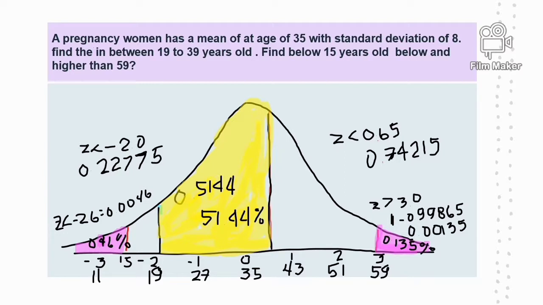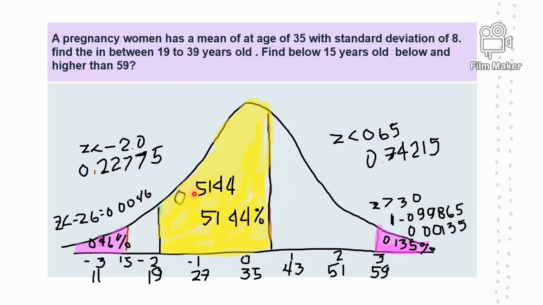The other one is 19, around negative 2. So Z less than negative 2 is 0.02275. Subtract 0.02275 from 0.74215.